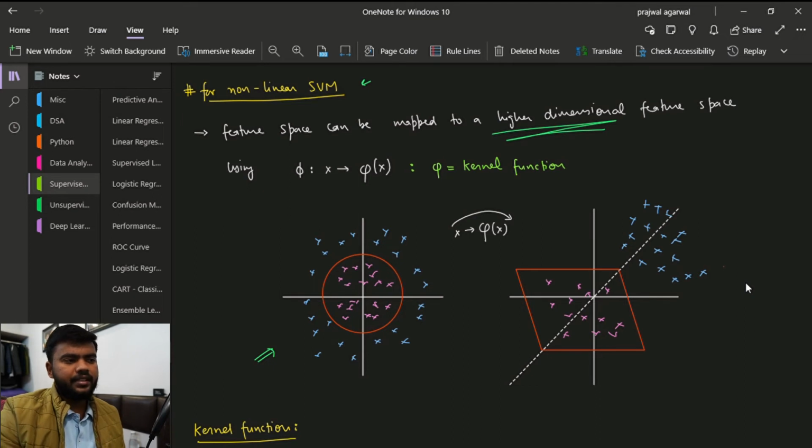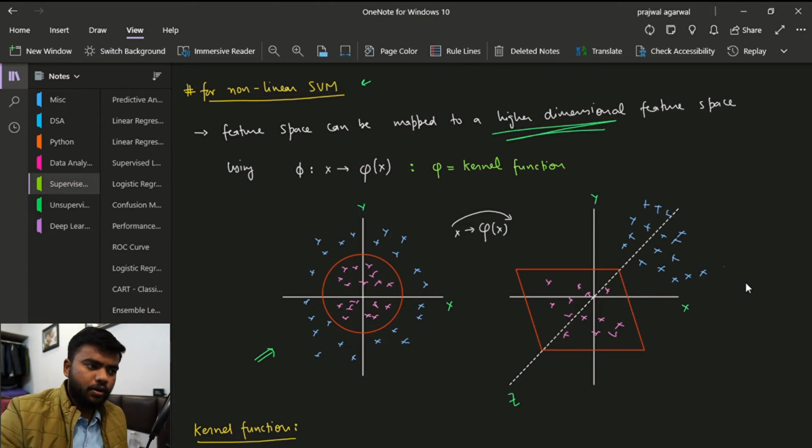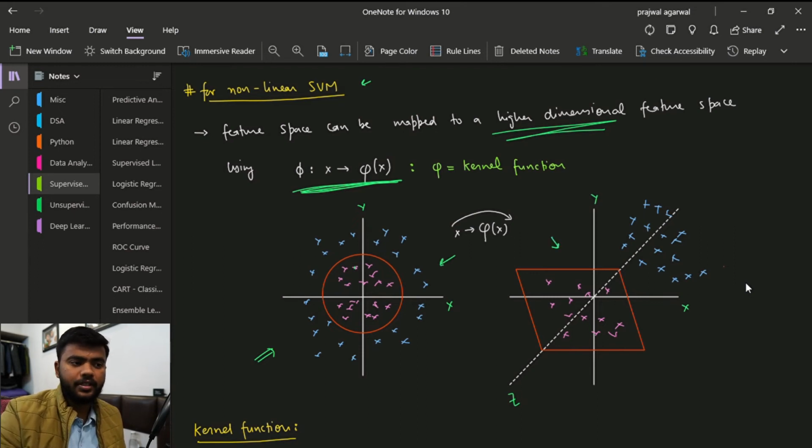Suppose earlier we had only the x and y plane, now we have x, y and z. We map all the points through this kernel function from this graph to this graph, in such a way that pink points come in one plane and blue points come in another plane, and that is how we create a decision boundary.